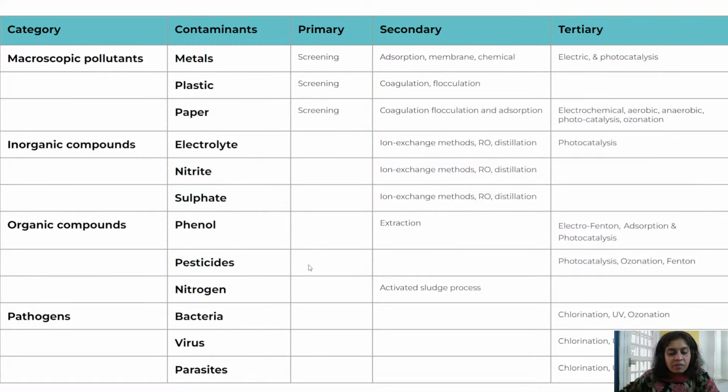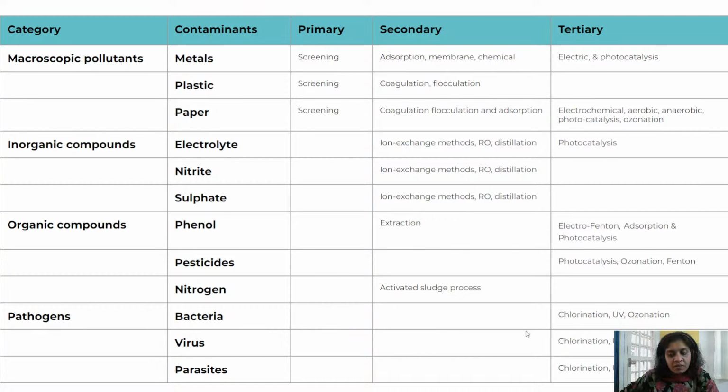Similarly, phenols and pesticides can also be removed by photocatalysis, ozonation process, Fenton process. Although the photocatalysis process is not yet in mature form to be used in industrial processes, it is getting attention, but there are still challenges for it to be used at commercial scale.